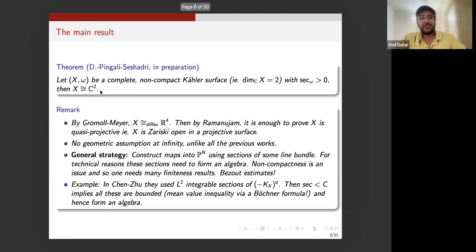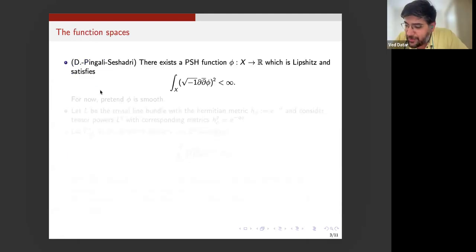Right. So the first matter that we had to take care of was to consider the right kind of function spaces. Again, let me remind you of the main PDE result that we obtained in our first paper. This says that there exists a PSH function phi on X, which is Lipschitz and satisfies this finite Monge-Ampère condition.